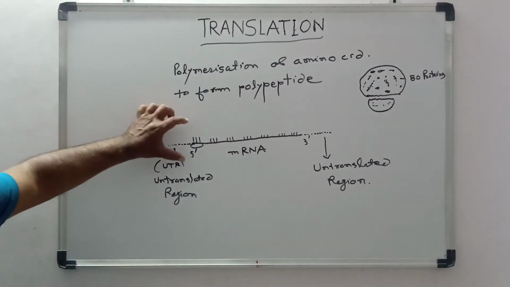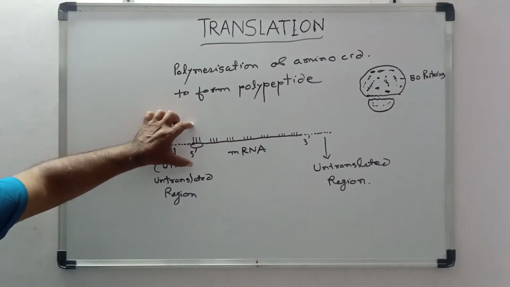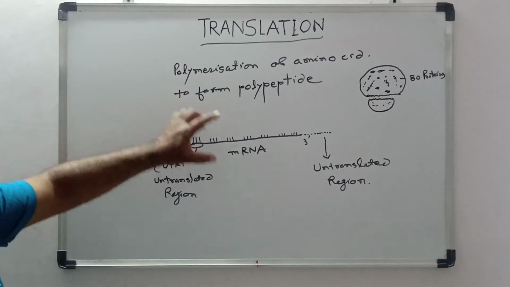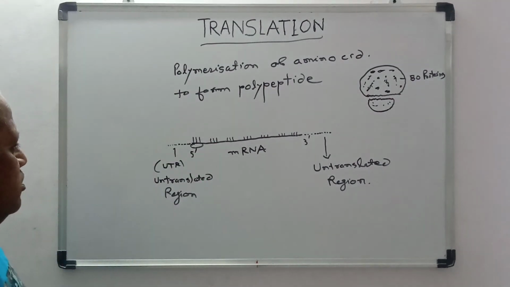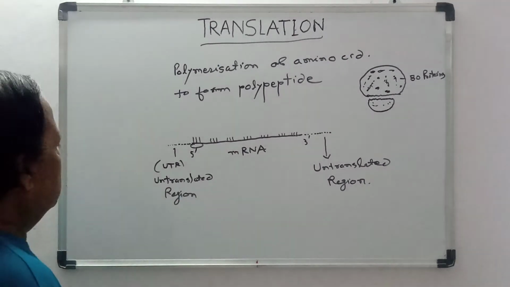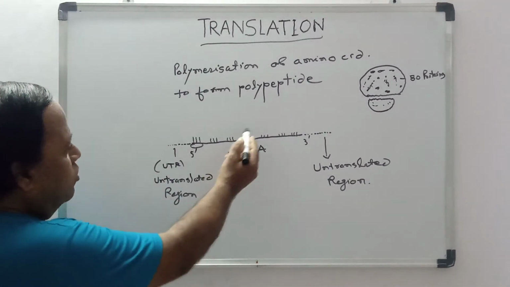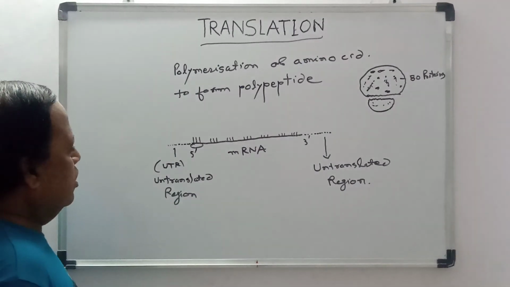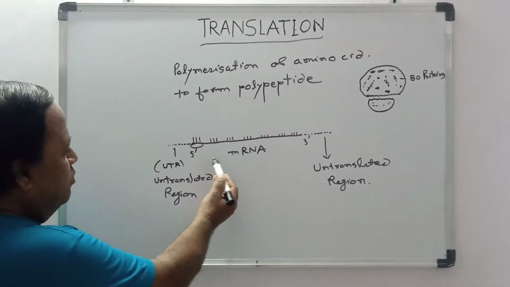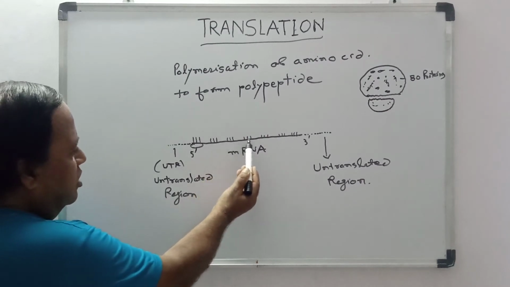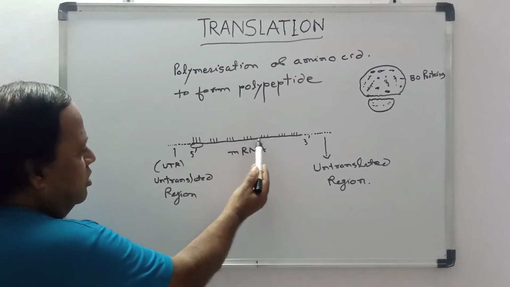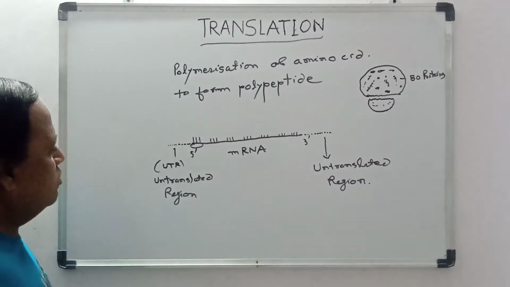This sticks here and with the help of transfer RNA it starts producing protein. The sequence of protein which will form after translation will depend on this messenger RNA. According to these sequences, the proteins will form.